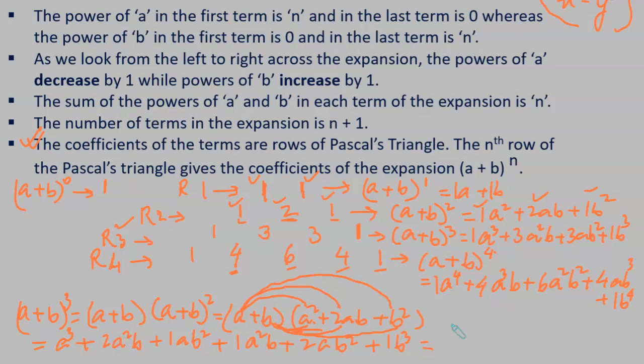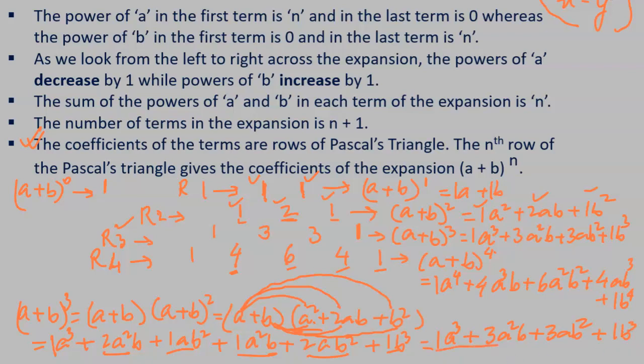Okay, so it is 1a cube, and plus 2a square b and plus 1a square b will be giving us plus 3a square b, plus 1ab square and plus 2ab square will be giving us plus 3ab square and plus 1b cube.